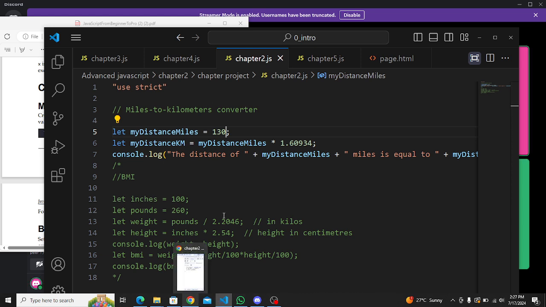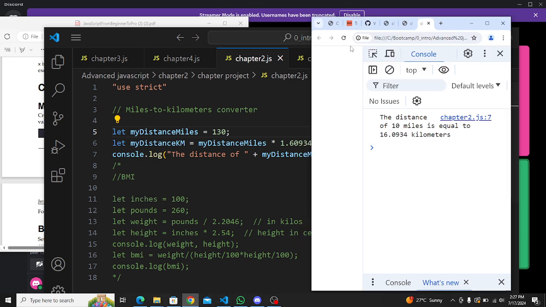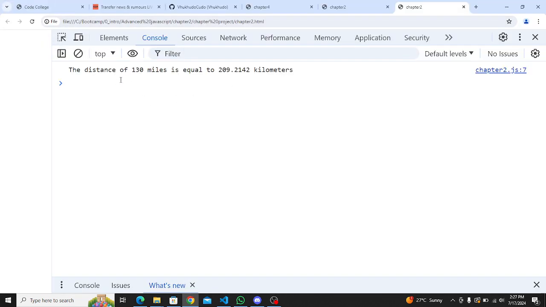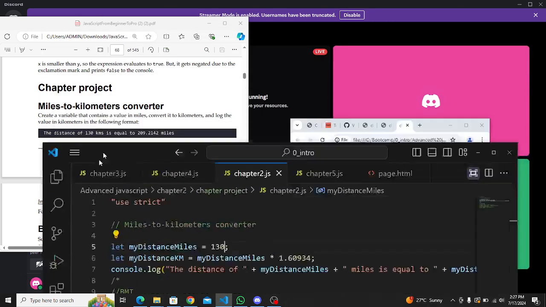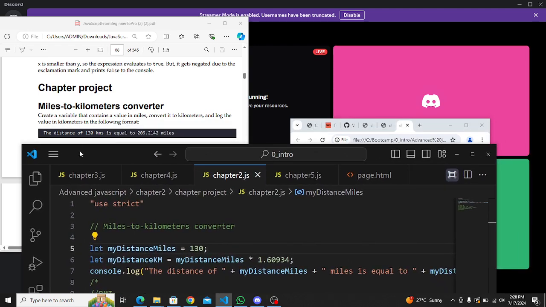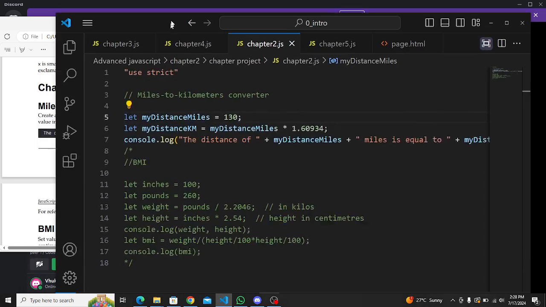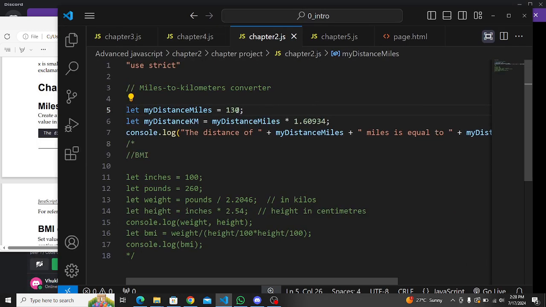No problem. So we're just gonna edit there. Let me just run it. The distance of 130 miles is equal to 209.214, which was already given in the book. There it is. Yeah. So we were correct. The calculations are okay, and it works fine.